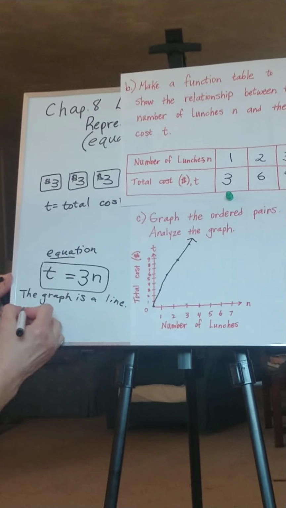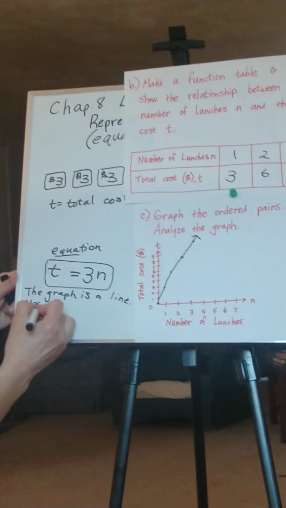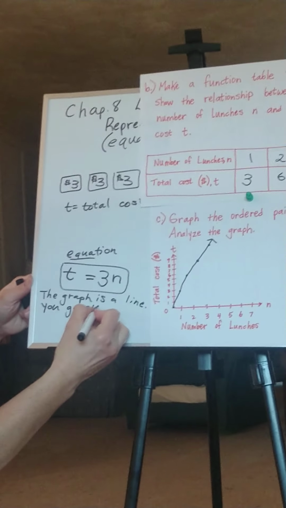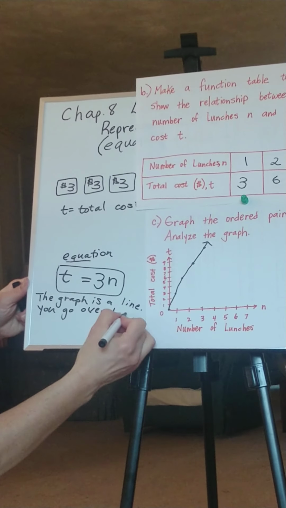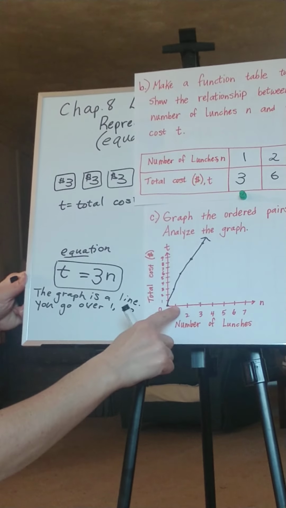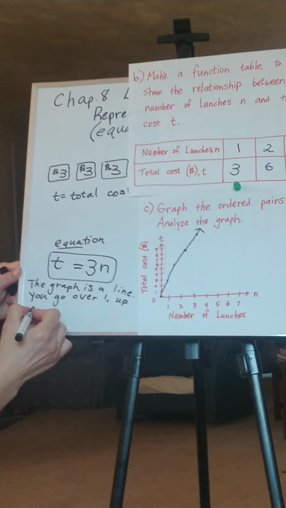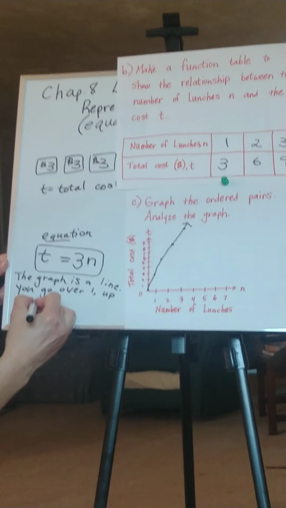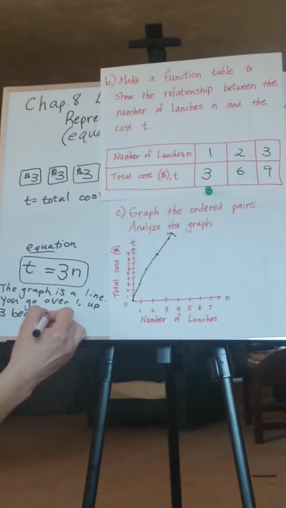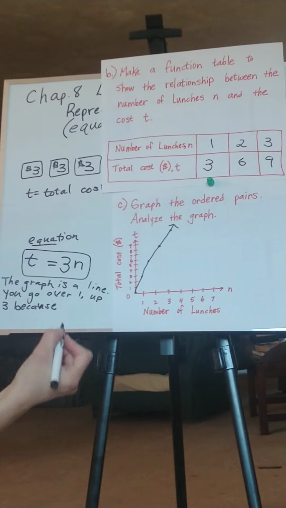And we go over 1, and then if we go over 1, we go up how many? 3. We go over 1, up 3. Because why?